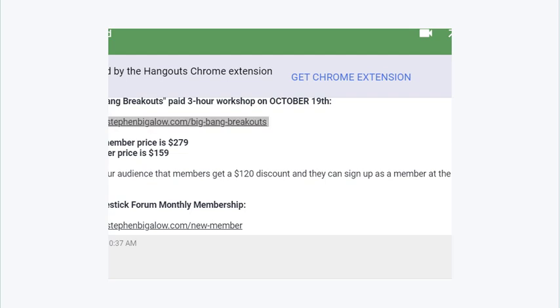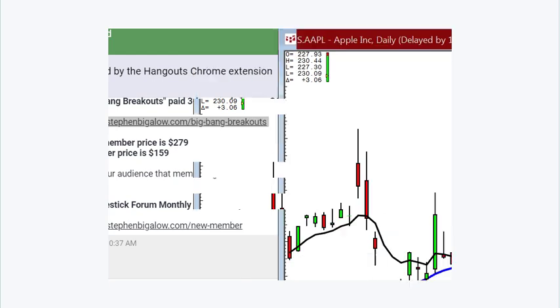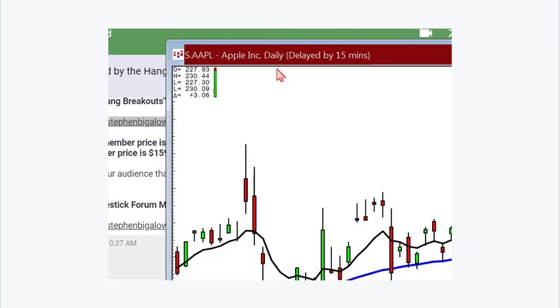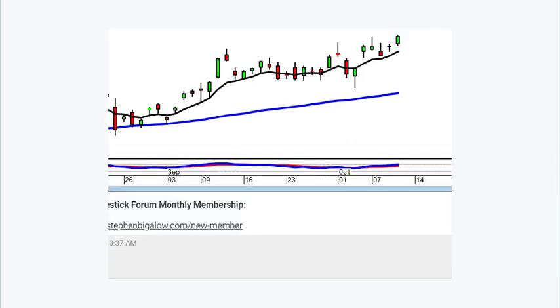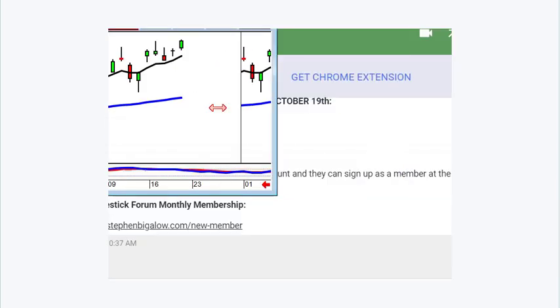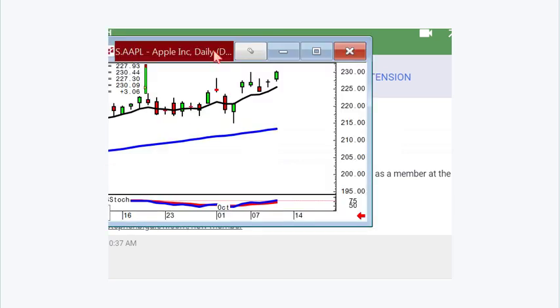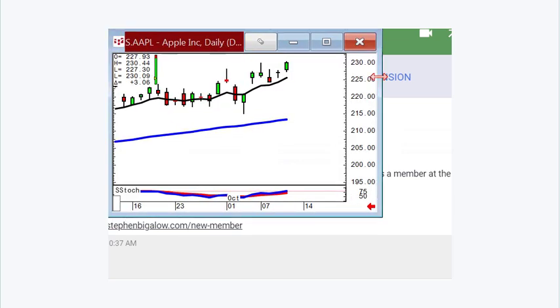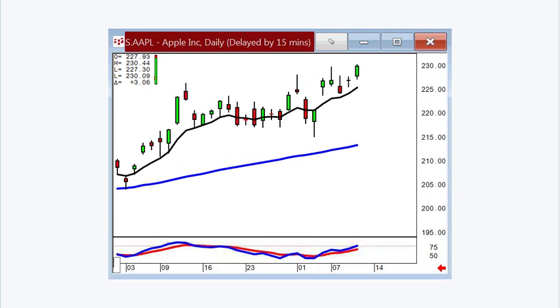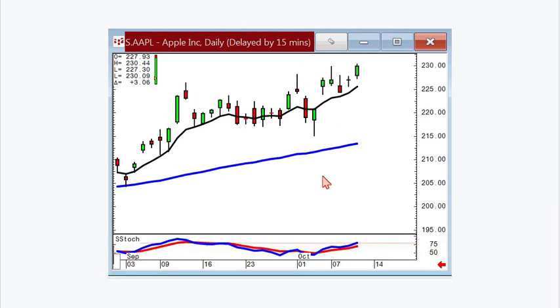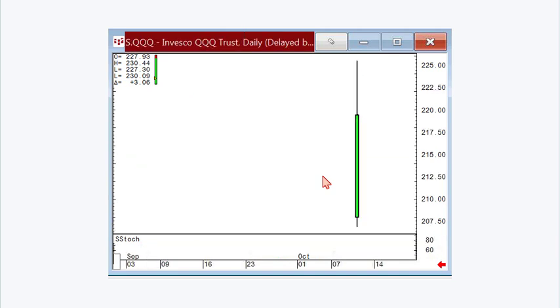Okay, so let's try this real quick. Let me see if I can bring live charts over. Okay, so somebody was asking, are the Qs, is that?